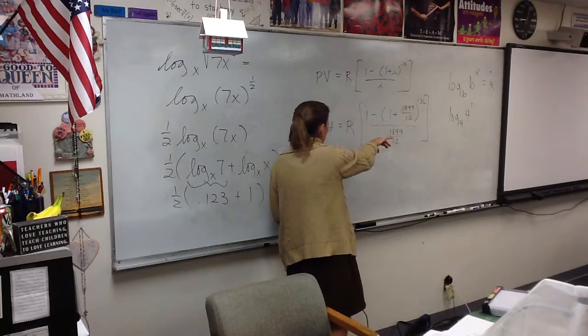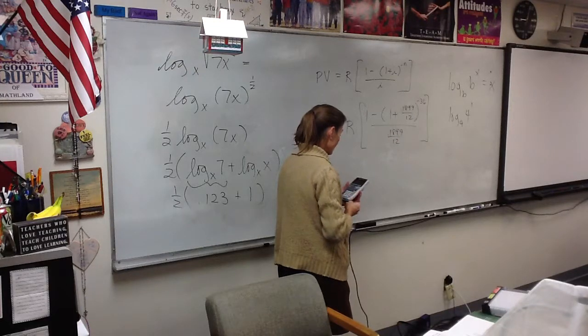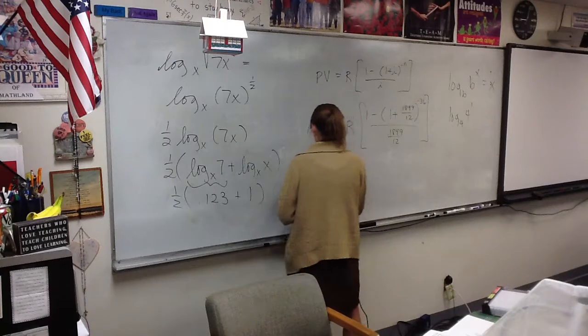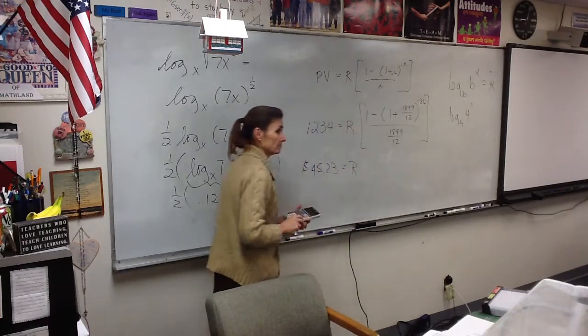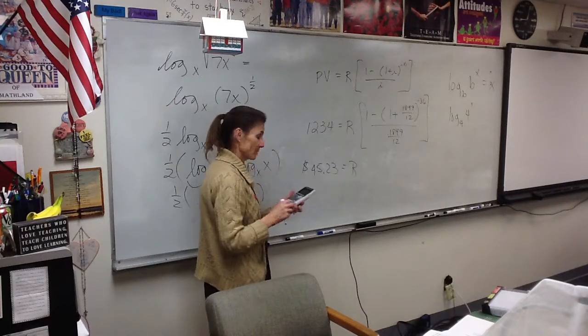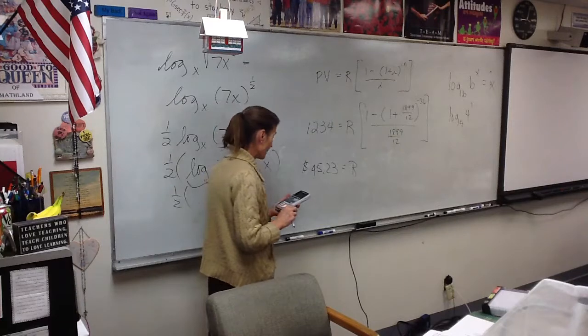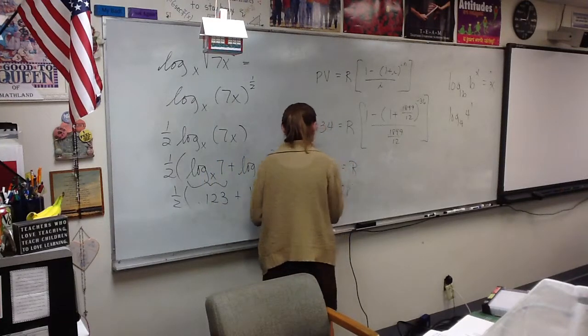Now the bracket's done, so now I do 1, 2, 3, 4 divided by second answer. And the payment is about $45.23. And if I pay $45.23 times 36 months, I'm going to pay a total of $1628.28.